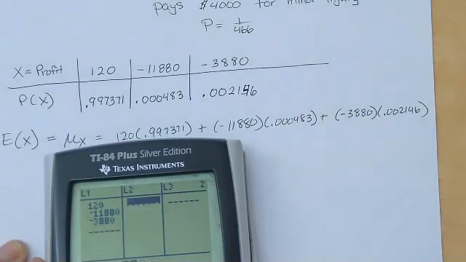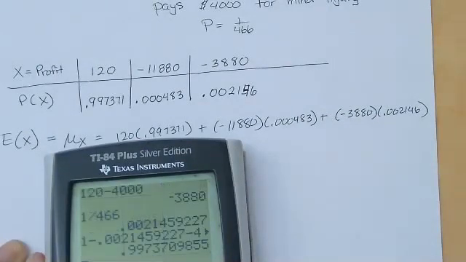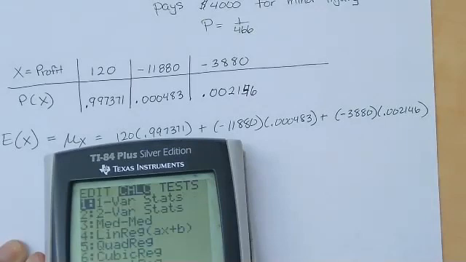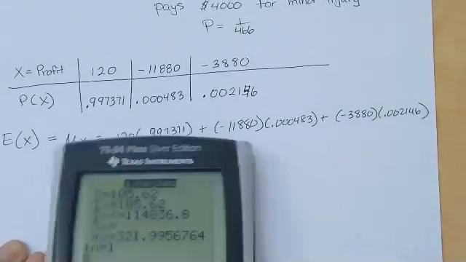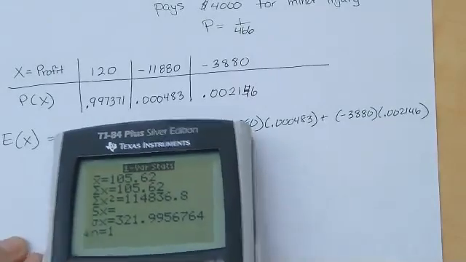And then I've got 0.997371 and 0.000483 and 0.002146. And then we can go to stat calc, one variable stats, calculate, and there is my mean.